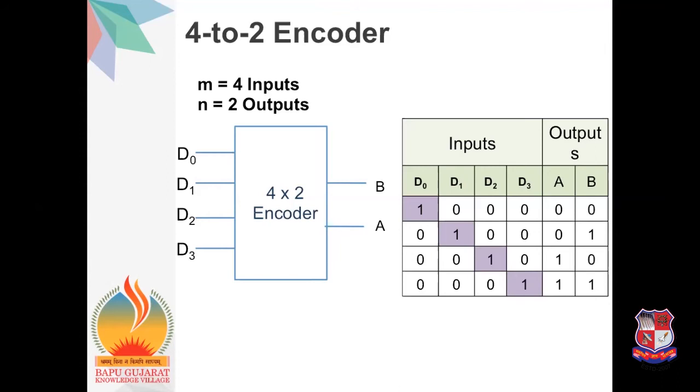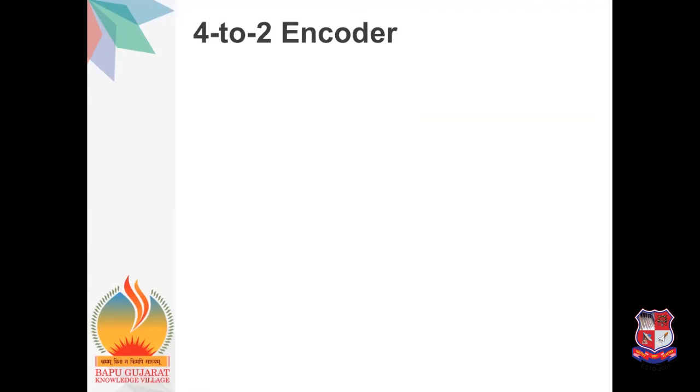And whenever D3 is activated, the output A and B are both high, 1 and 1. It means the decimal equivalent is 3. So based on the activated input, it gives the corresponding value as output. Based on the function table, we can easily draw the logic diagram for the 4 to 2 encoder.